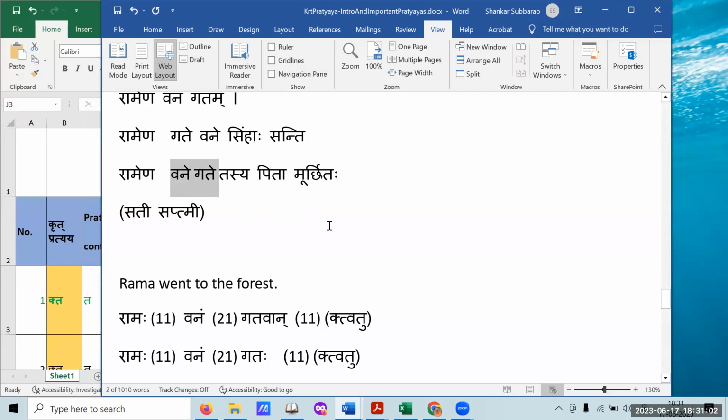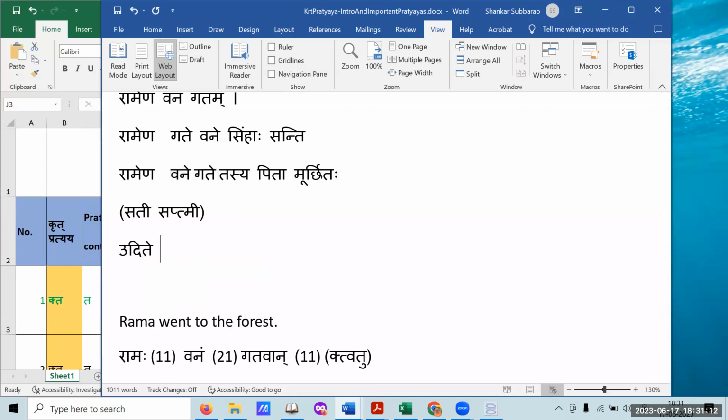When something happens, another thing happens. You have two events. When the sun rises, I wake up. If I want to say that, I have to say something like udite surye. Surya is sun. Udita is ta pratyaya again, meaning risen. When the sun has risen, udite surye.